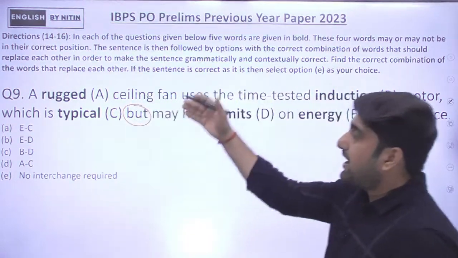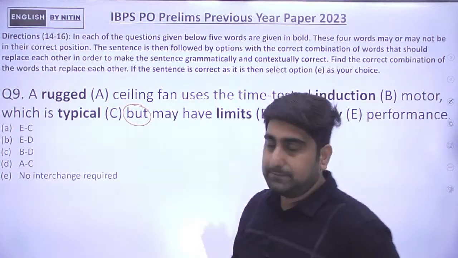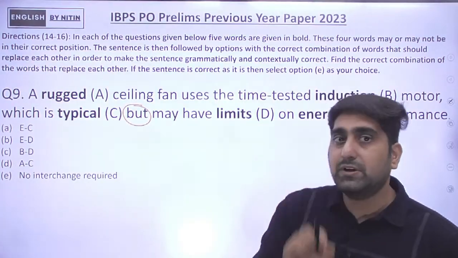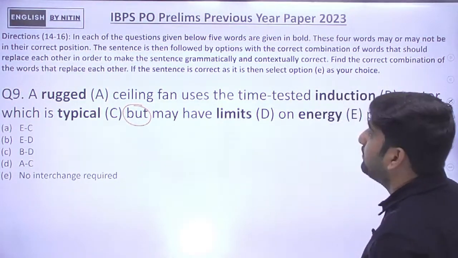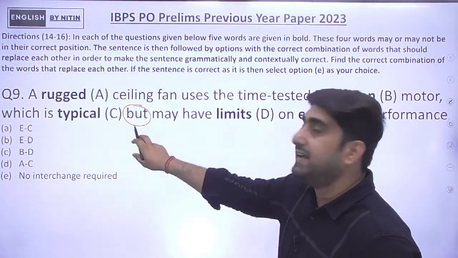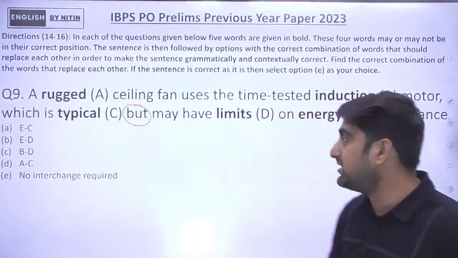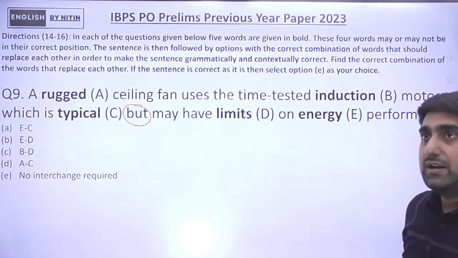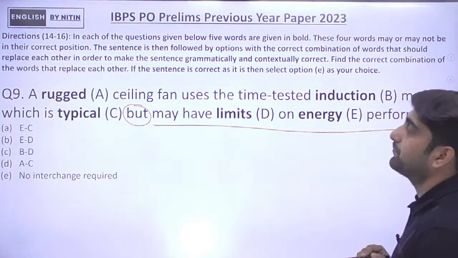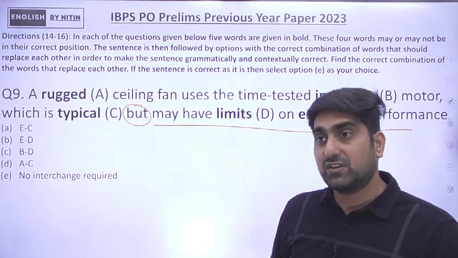When I read the sentence, I realized that we are talking about a ceiling fan, and the ceiling fan uses a particular type of motor, and then we are talking against the type of motor. If something may have limits on energy performance, it means the limited performance of the motor is given on this side. The performance of the motor is limited, and now we have the conjunction but.